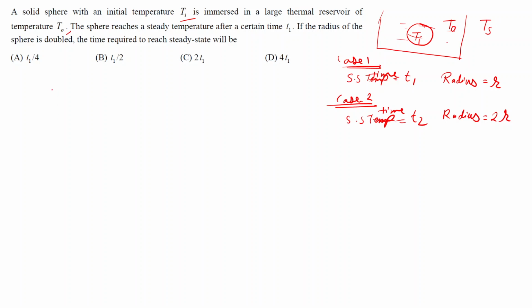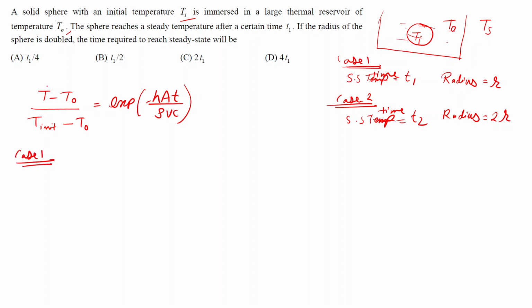So we can write (T minus T0), where T0 is the temperature of reservoir and T is the temperature of the sphere, divided by (Ti minus T0), the initial temperature of the sphere minus T0. This we can write as exponential of minus hAt upon rho Vc. Now for case 1, it takes time T1 to reach the steady state temperature Ts.